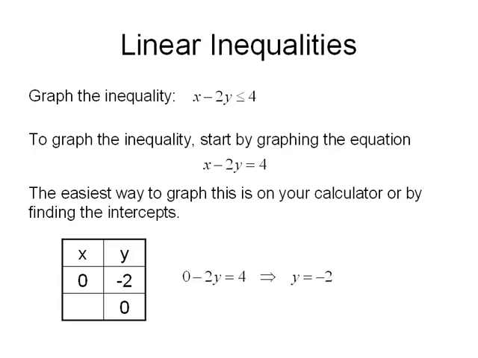If x is equal to 0 and we put that back into the equation, we get 0 minus 2y equals 4, which means that y is equal to -2. So this is the ordered pair 0, -2. Now if I put y equals 0, I get x minus 2 times 0 equals 4, or x equals 4, so that's the ordered pair 4, 0.